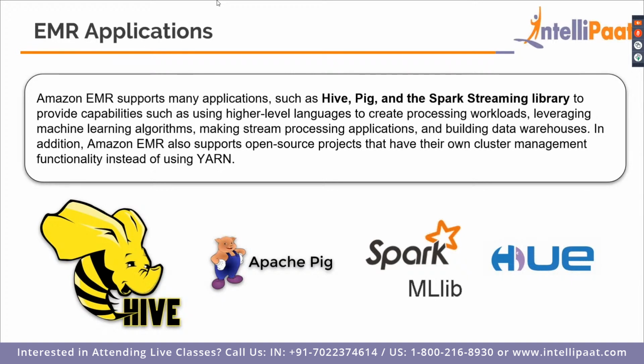As I told you, you can see over here, it supports many applications: Hive, Pig, Spark, streaming platform. It supports Yarn, it supports Hue, it supports mostly all the Apache products, that is the Hadoop ecosystem products. So you can go ahead and look into that more. We'll not be covering this a lot. Next I'll be doing a hands-on using Hive on EMR.